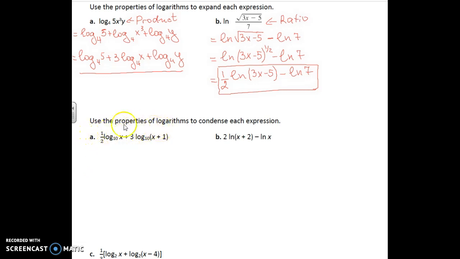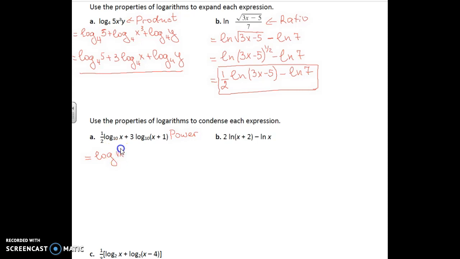In example 3, we're given a long expanded expression and we're asked to condense it. So the first thing that you have to do is take this coefficient and put it inside of the log. Here I have half of a log base 10, and over here I have 3 logs base 10, which is why I have to use the power property first. So that will be equal to log, I'm not going to write the base, it's assumed, log of x to the 1/2.